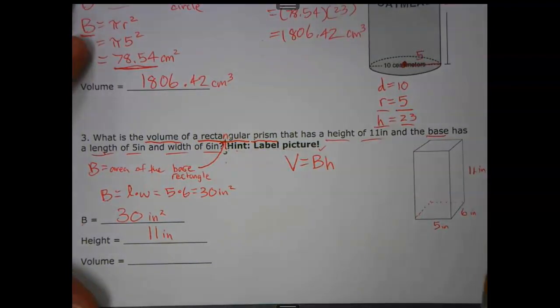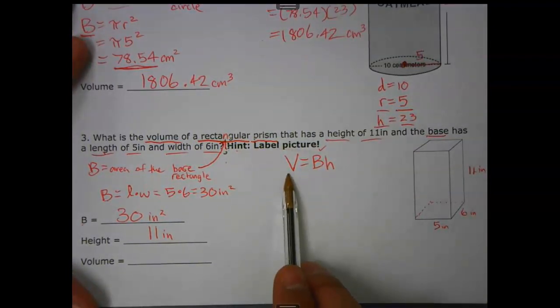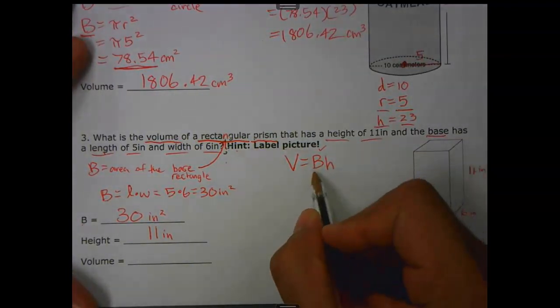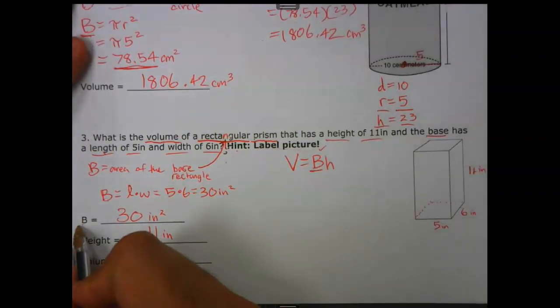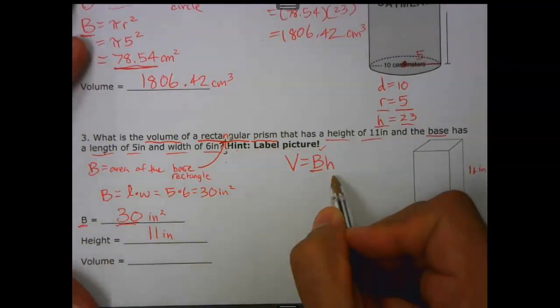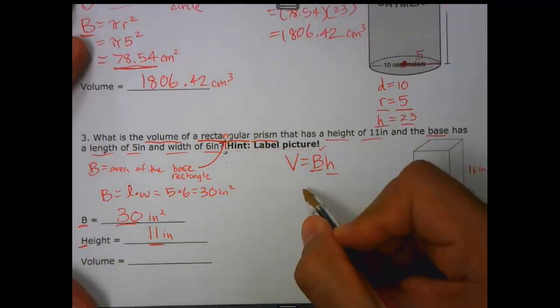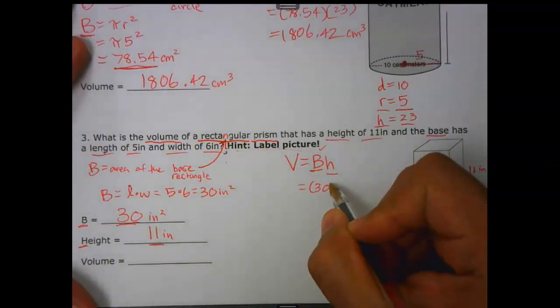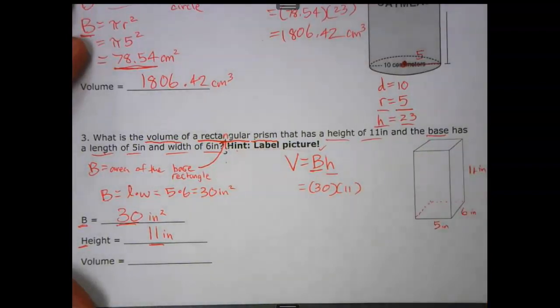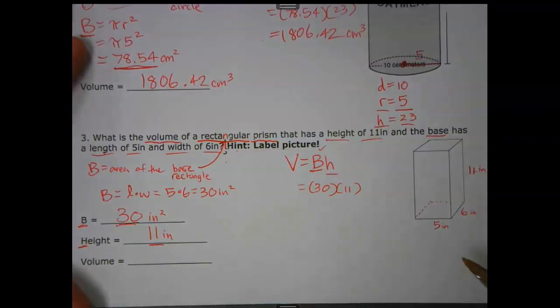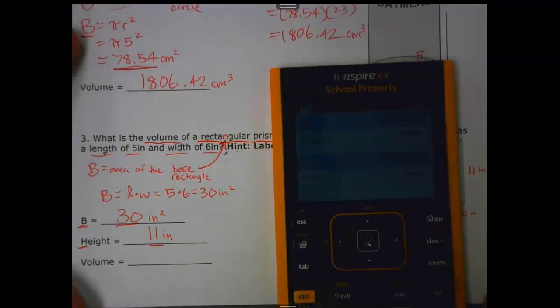Just a length. And so all we got to do for V is find big B, which we know is 30. Then H, the height, which we know is 11. So it's going to be 30 times 11. Basically, length times width times height. But let's do 30 times 11.